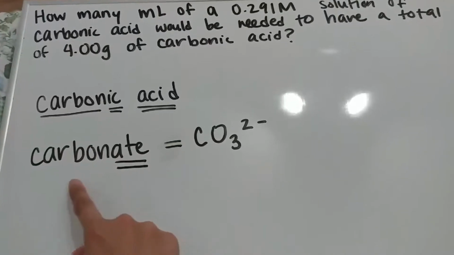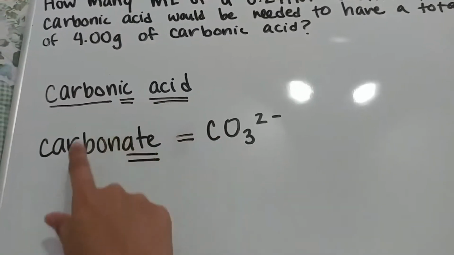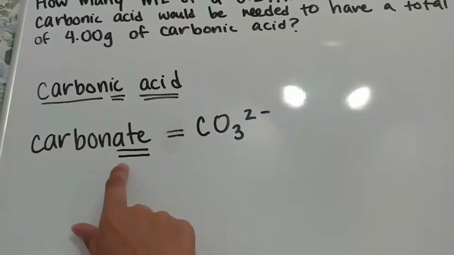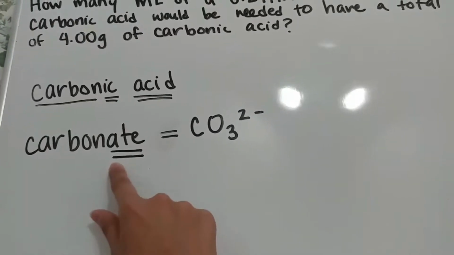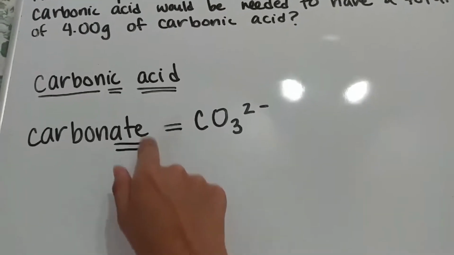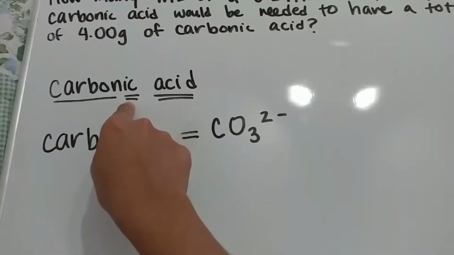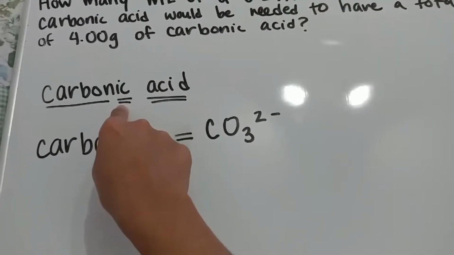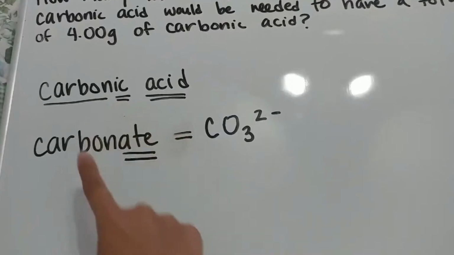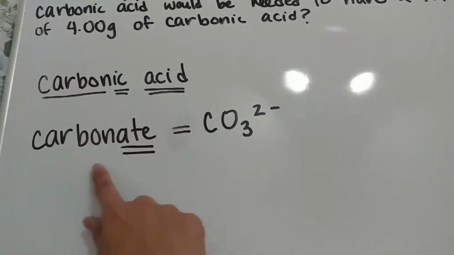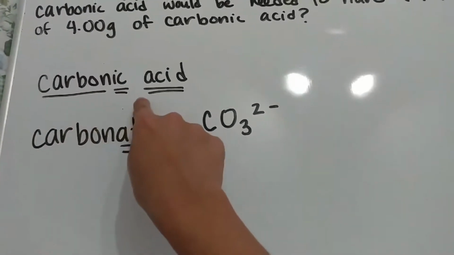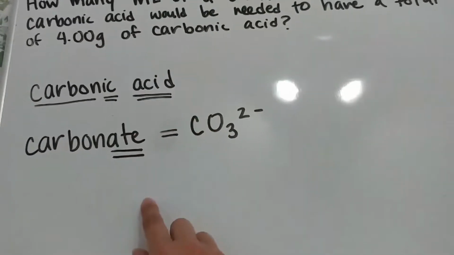So that's why it's carbonic acid. It's carbonate, because any common ion that has an ending of ate has to have ic as a replacement of the ate. So instead of carbonate, it'll be carbonic, and then you have to add acid.